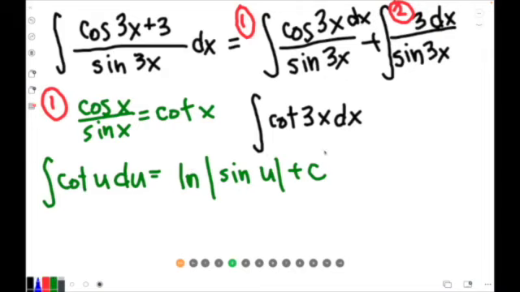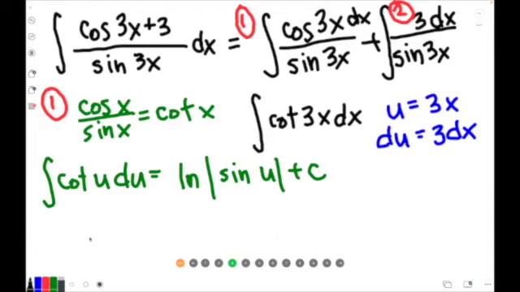For this one, we have u equal to 3x, and the derivative of that would just be equal to 3 dx. So what we need to do is multiply our integral by 3 over 3 so that we can have the derivative of u, which is 3 dx.